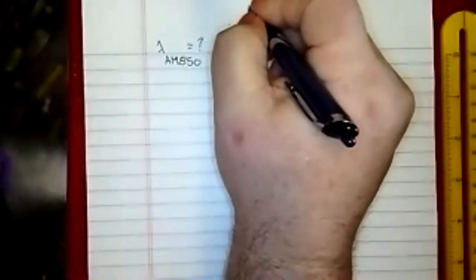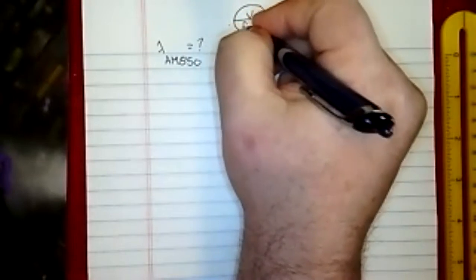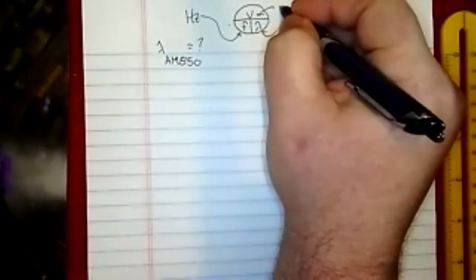Well, you might think, well, I know an equation that gives me wavelength, and that's that nice circle that Mr. Younger just showed me, which is V, F, and lambda. And by the way, this lambda should be measured in meters. This frequency should be measured in hertz, and this velocity should be measured in meters per second. Okay.